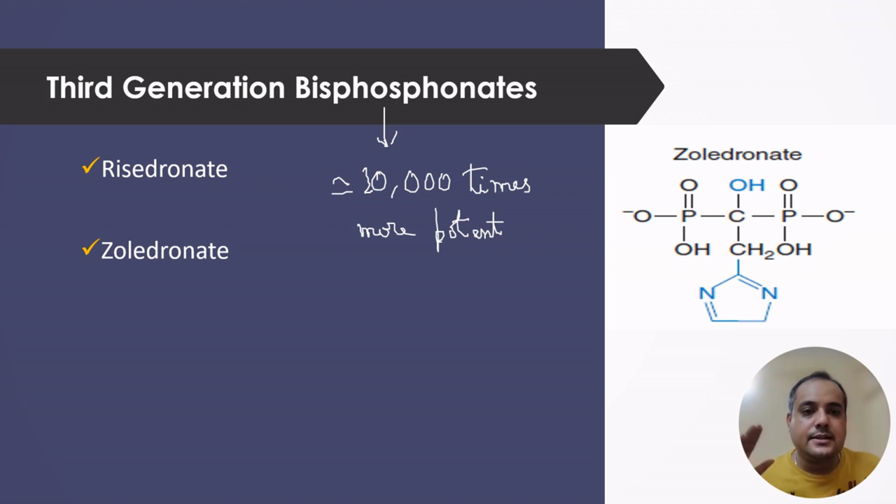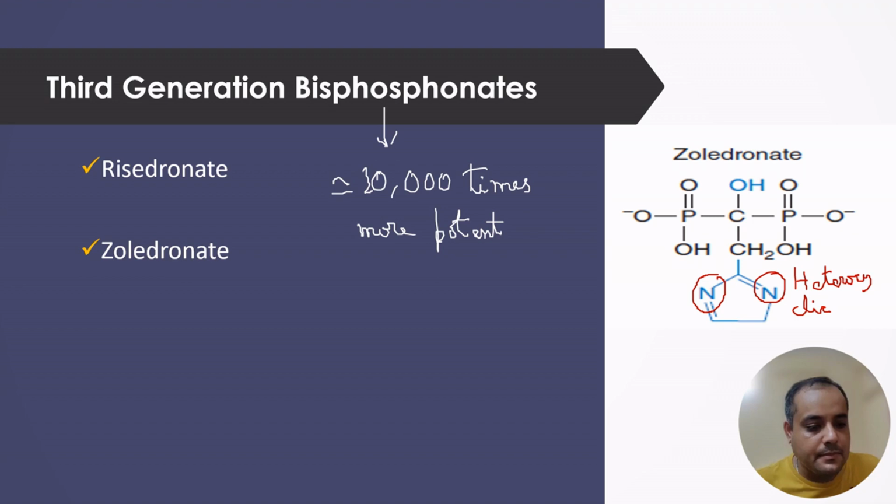The third generation bisphosphonates also have a nitrogen atom, as you can see, but this nitrogen atom is present in a heterocyclic ring. And the drugs that we have for third generation bisphosphonates are Risedronate and Zoledronate.